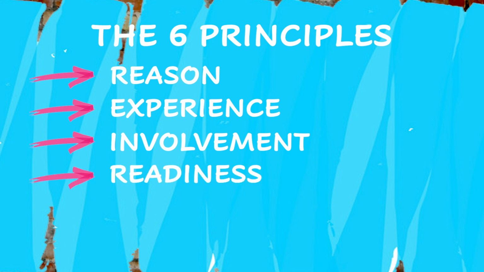Now, this is really important, and it's often overlooked. Readiness says this, that adults will readily engage in learning experiences that have an immediate relevance and impact on their work and personal life, okay? That immediacy, that need for what is being learned to be able to put into practice straight away.